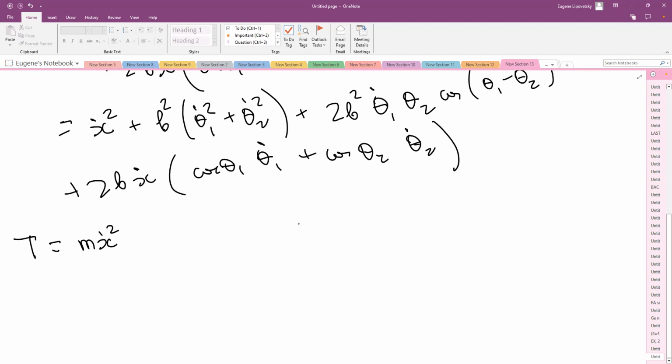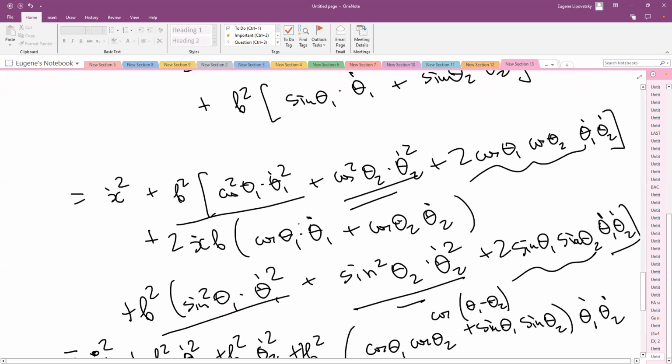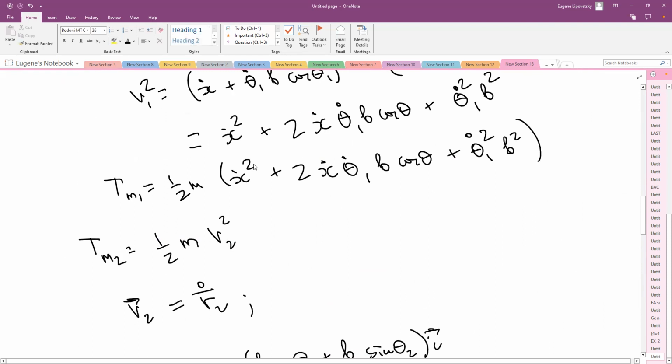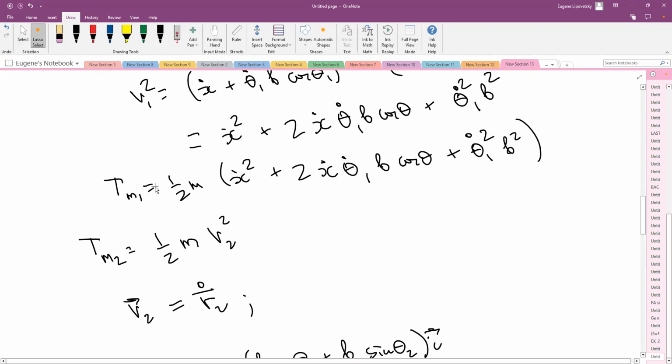M x dot squared plus the first mass is this one. I'll just copy it there.